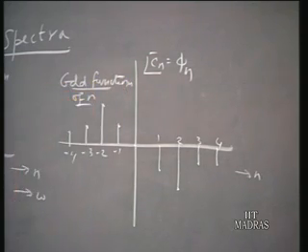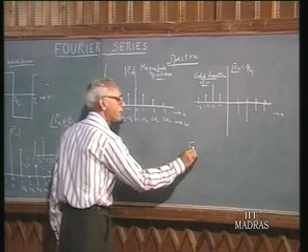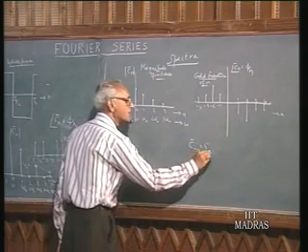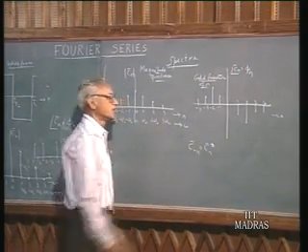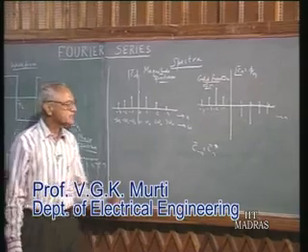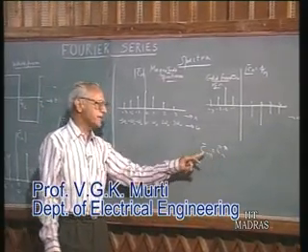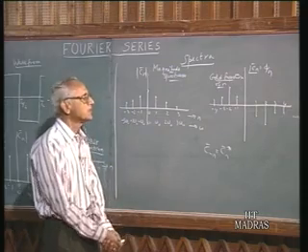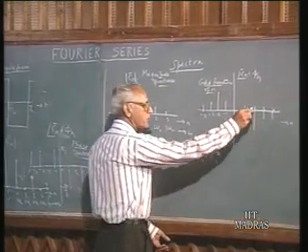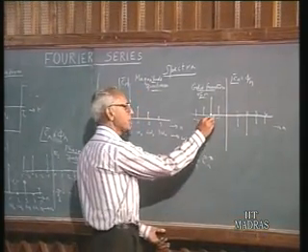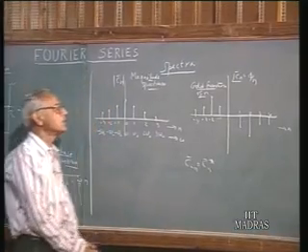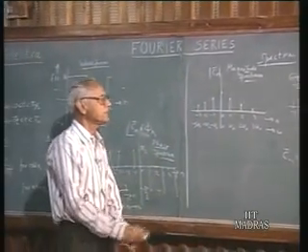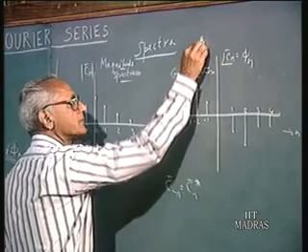Why? Because we observed earlier that C minus n is Cn conjugate, which means that the angle associated with Cn and the angle associated with C minus n are the negatives of each other. Therefore, if for n equals 2 it has a certain phase angle, for n equals minus 2 it is exactly the negative. So the phase spectrum is an odd function of n.